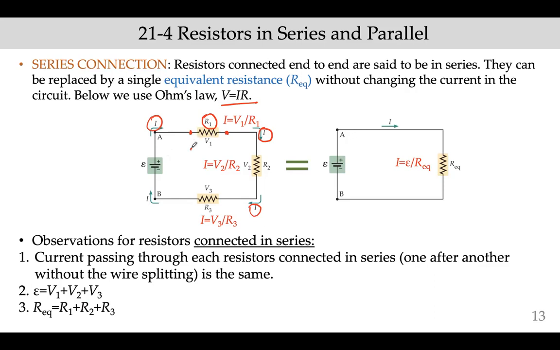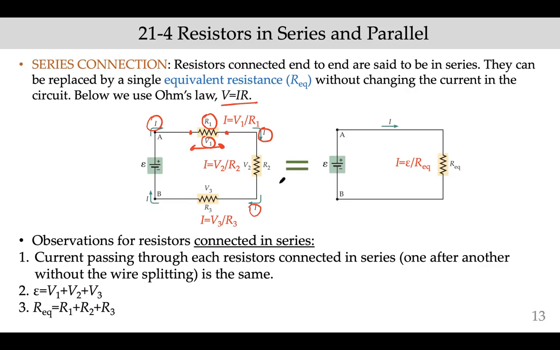V1 divided by R1 gives you the current I. Same here, V2 divided by R2 gives you the current I. We are not using different currents, we don't say I1, I2, I3, because it's the same current that passes through this circuit since there's no splitting.